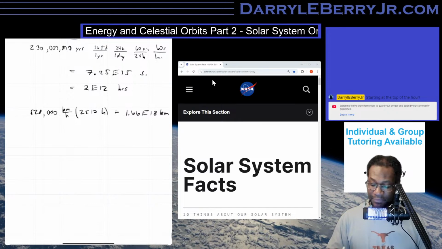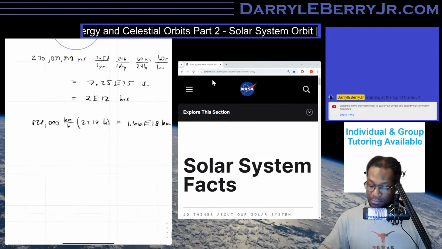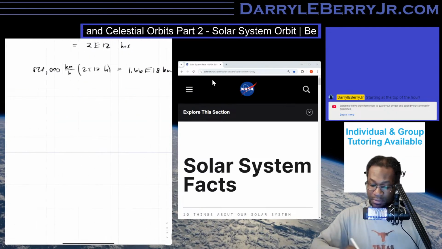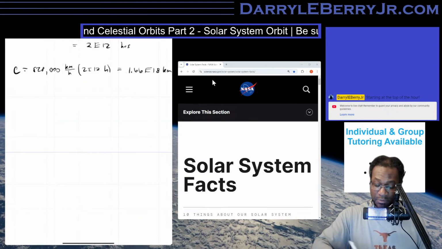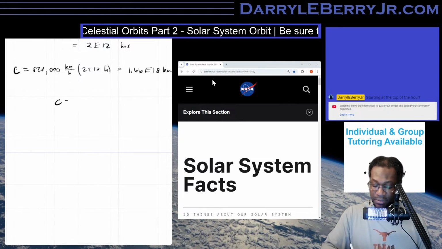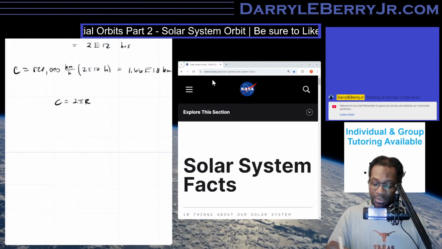So since we have that, C is the entire way around. C equals this, and C equals 2 pi r when we're dealing with a circle. Again, we're approximating it like a circle.